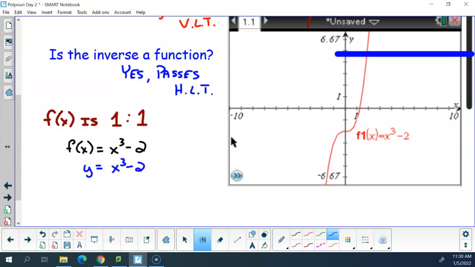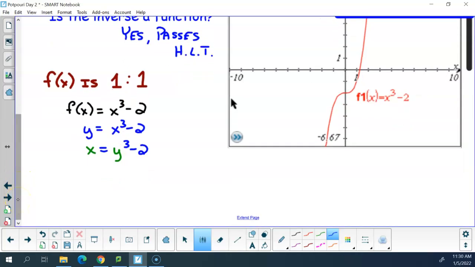Let's switch those positions around. Get rid of that -2, add 2. We're going to cube root that thing.